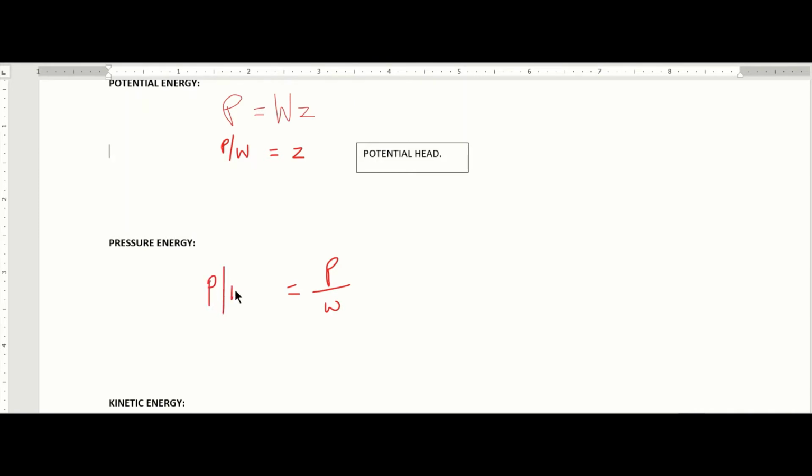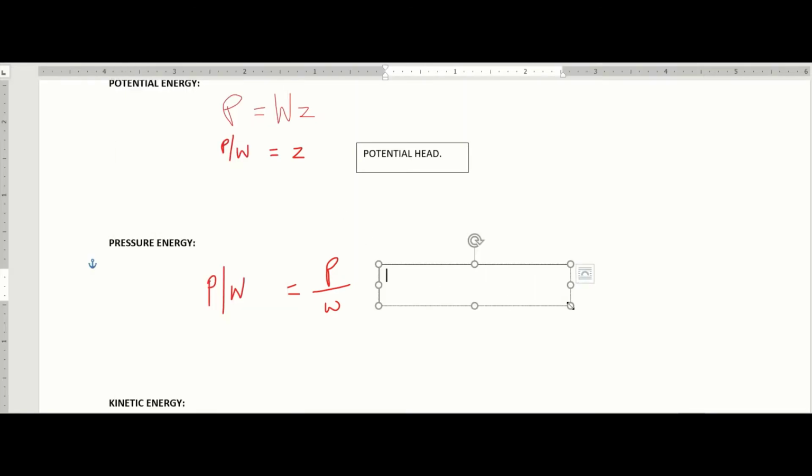This is equivalent to head, so we call this the pressure head.